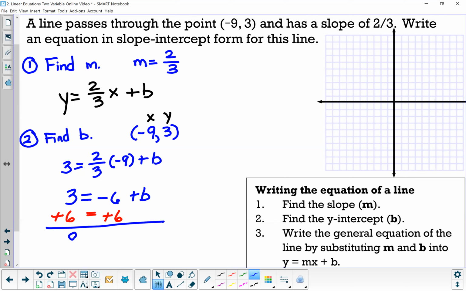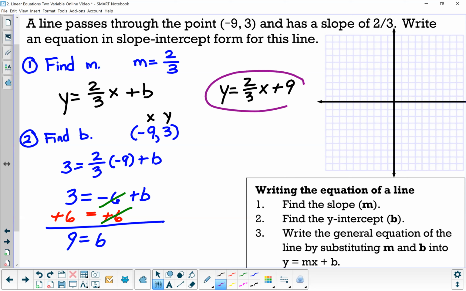So we have 9 is equal to b. So our general equation then is y equals 2/3 x plus 9.